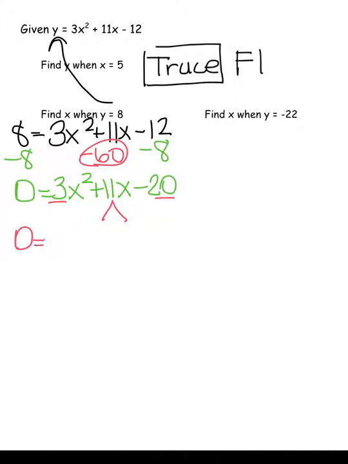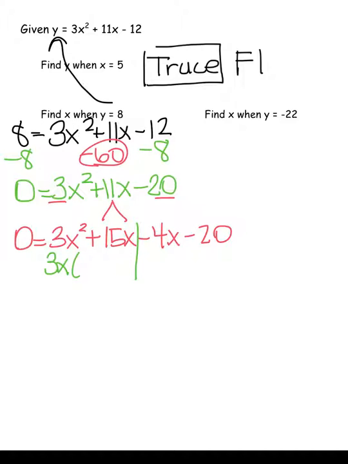Okay. So after just searching around for that, we figured it's a positive 15x and a negative 4x. So we combine the like terms and split the problem into 2 halves. And we take out our GCFs.